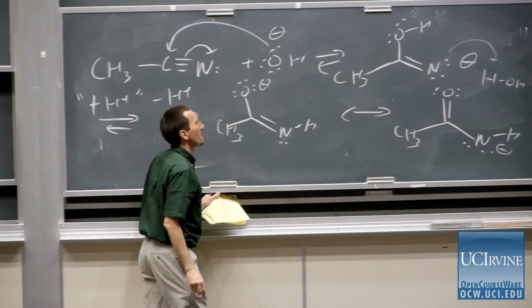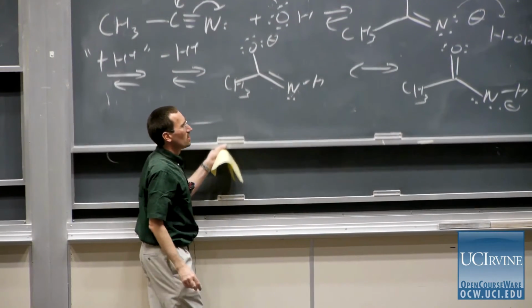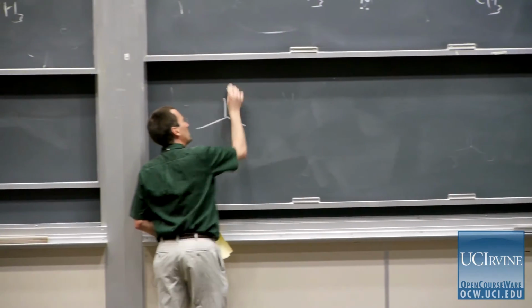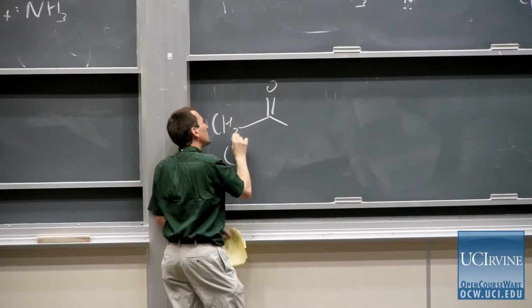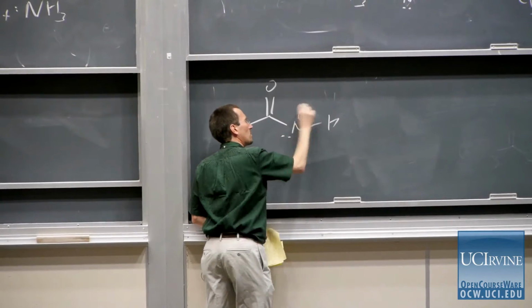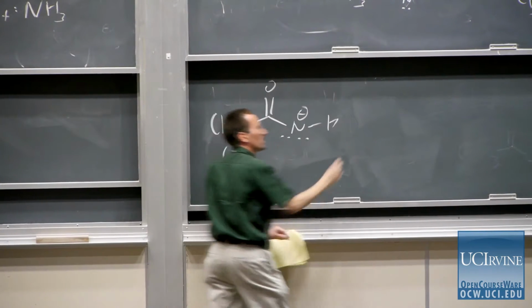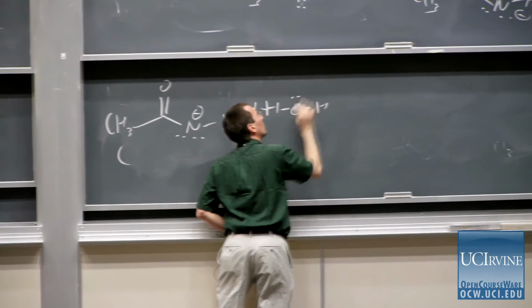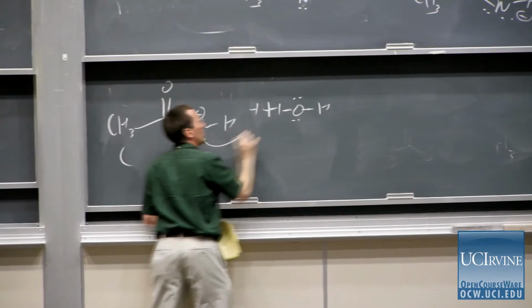And then the last step you can think of is just that we're going to pick up a proton, and I'll draw this explicitly. It's nice to be able to pick and choose the resonance structure that you want when you're writing a mechanism. So our last step here is going to be protonation.